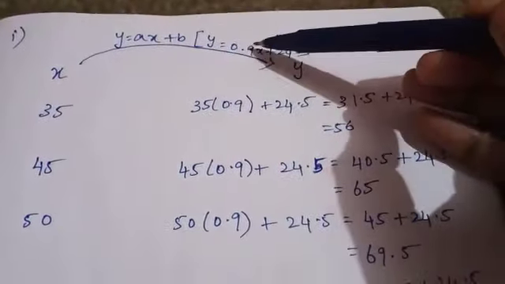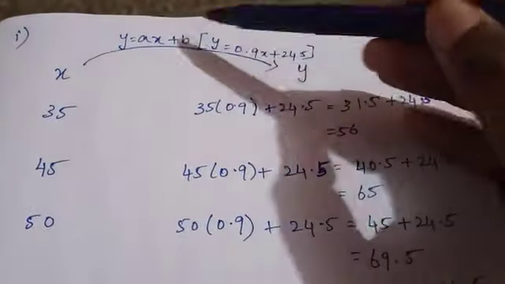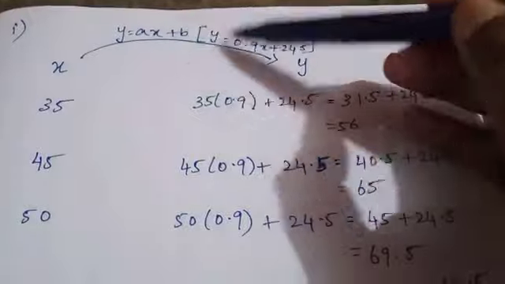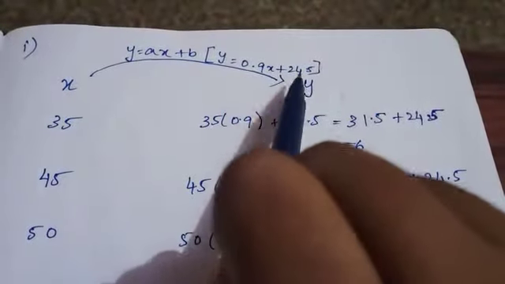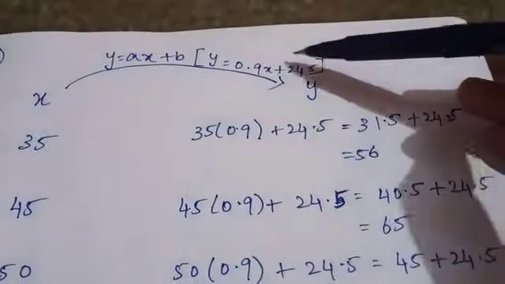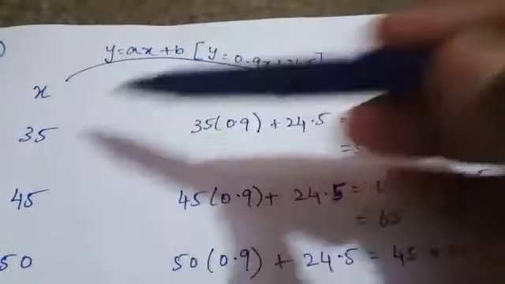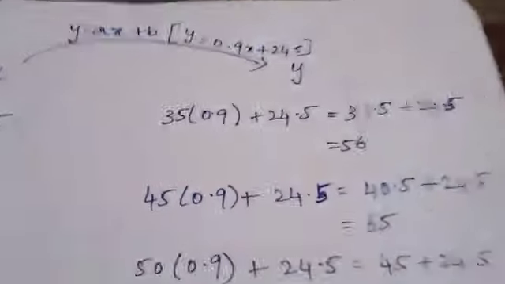So y is equal to a, which is 0.9, times x plus b, which is 24.5. In the question it is given that a and b are constants, that is, the values of a and b will not change. Now I'm going to substitute 35 in the place of x and find the value of y.